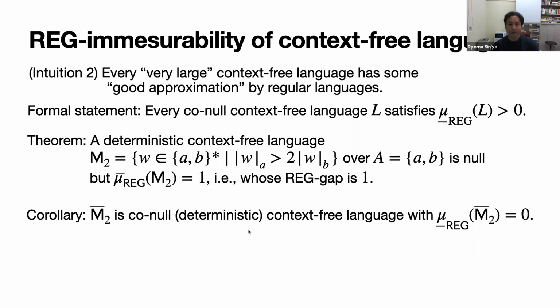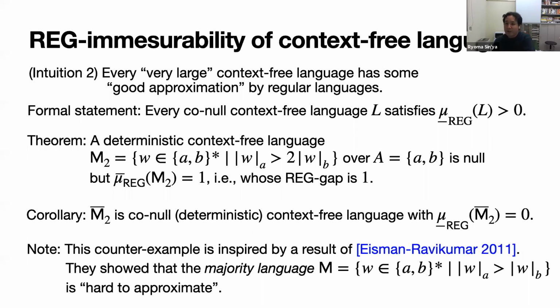Okay, so this counterexample is very much inspired by the result of Eisman and Rabinovich's 2011 paper, and they showed that in their setting, the majority language is hard to approximate.